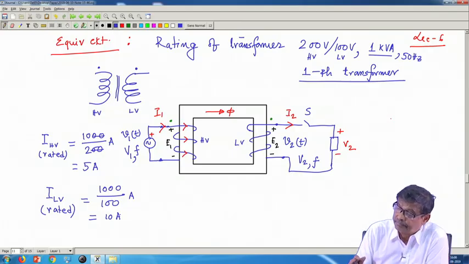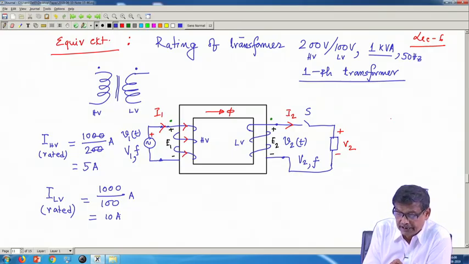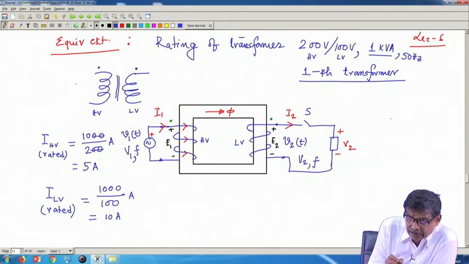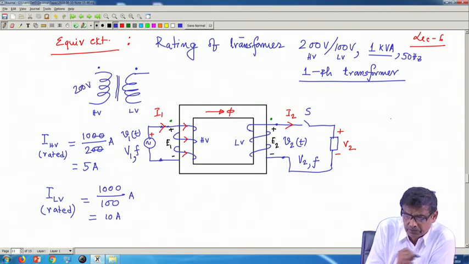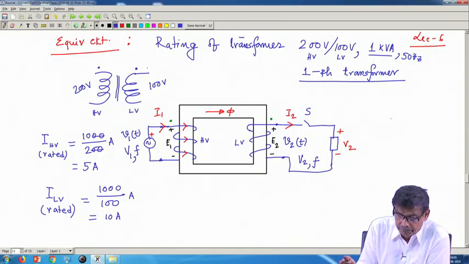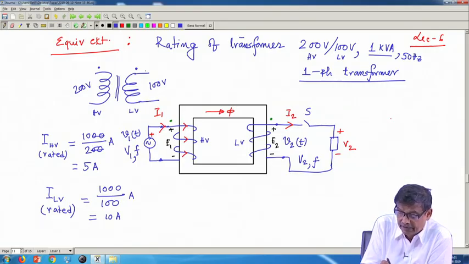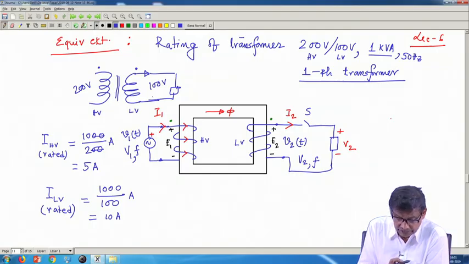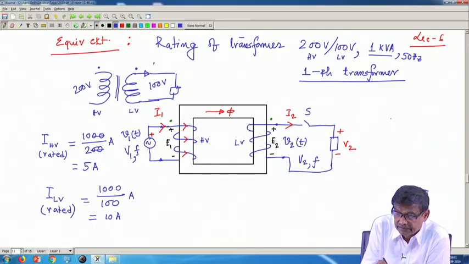So, the moment the ratings are known, I can draw this diagram and say that on the HV side the maximum voltage you can apply is 200 volt 50 hertz, and you will get 100 volt 50 hertz here, and you are going to connect some load. But do not connect any load; connect such a load that the current it delivers does not exceed 10 ampere.